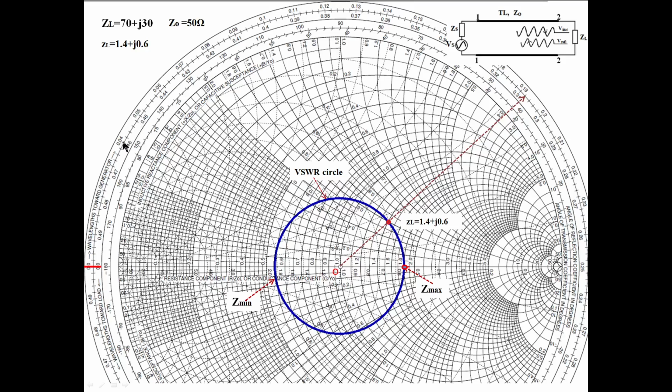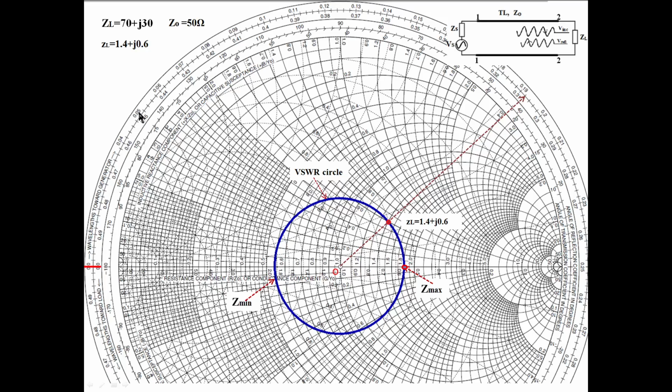This is 0.03, this is 0.02, 0.01 is this: 0.01, 0.02, 0.03, 0.04, 0.05 wavelength.